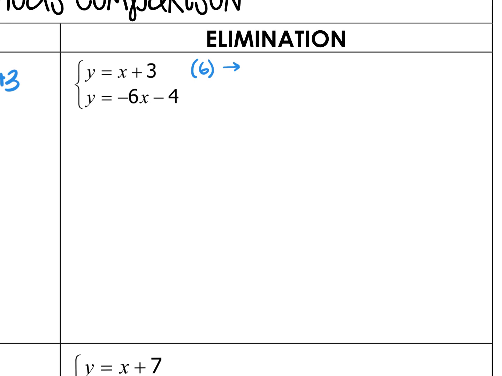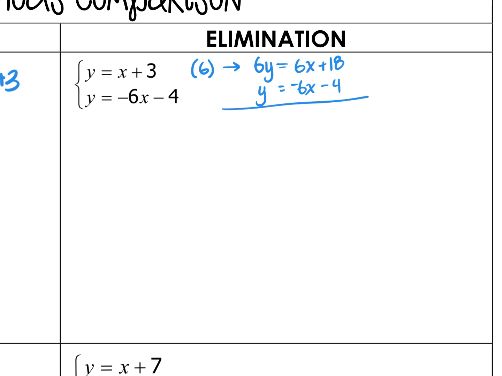You should definitely write down the next part, which is 6y equals 6x plus 18. And then the bottom is y equals -6x minus 4.